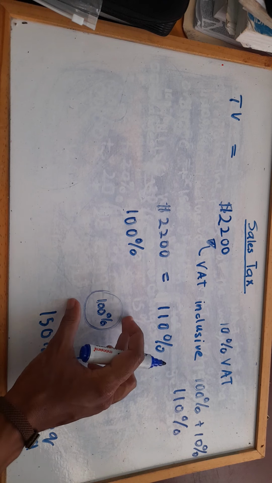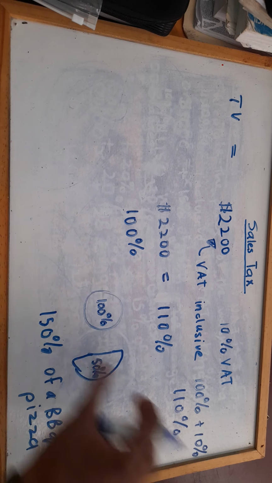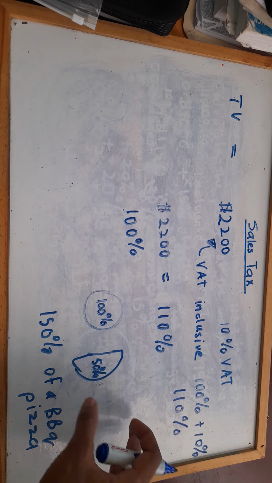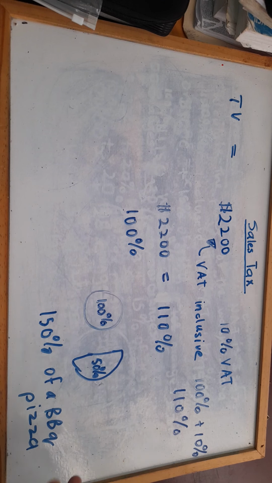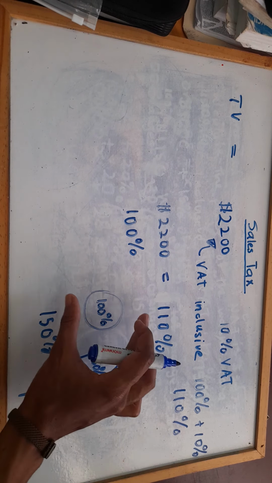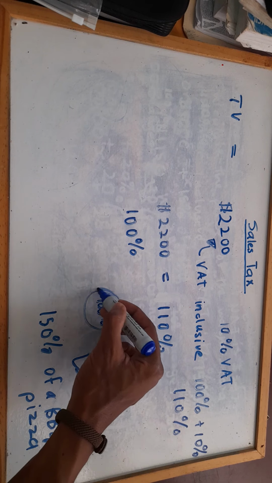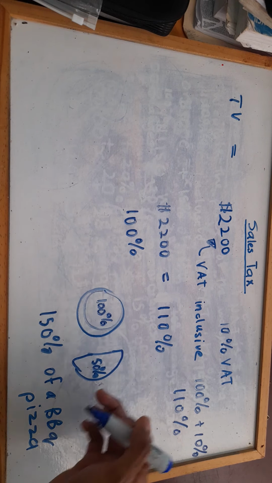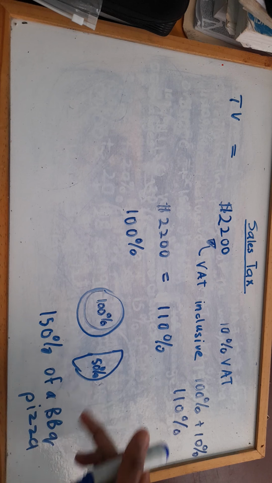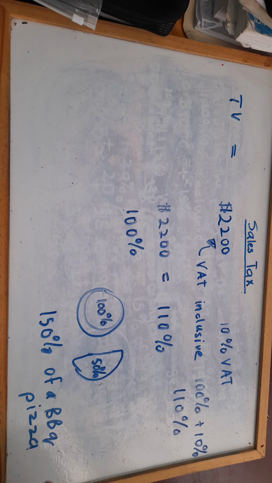A whole 100%, a whole pizza plus 50% of a BBQ pizza. The original thing was a BBQ pizza. So when you add in the extra, you get an excess of the original thing. So similarly here.